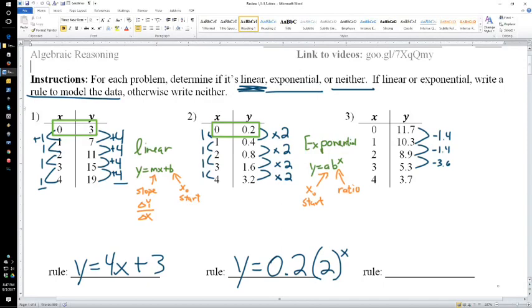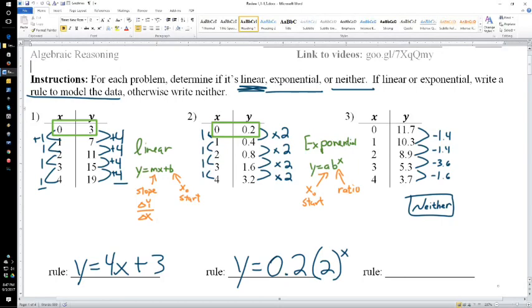Then this last one, 3.7 minus 5.3 is negative 1.6. So these two might be the same, but the rest of them don't fit. So this is actually neither. This is neither linear nor exponential, which is a perfectly legitimate answer.